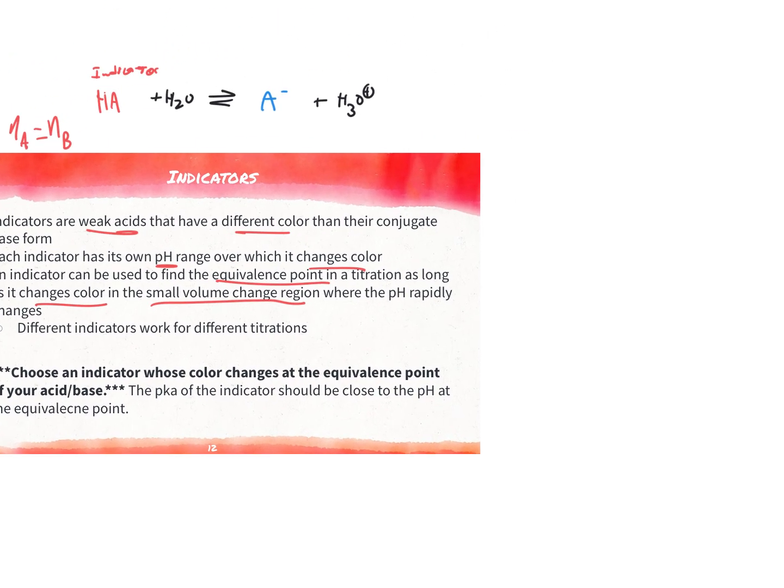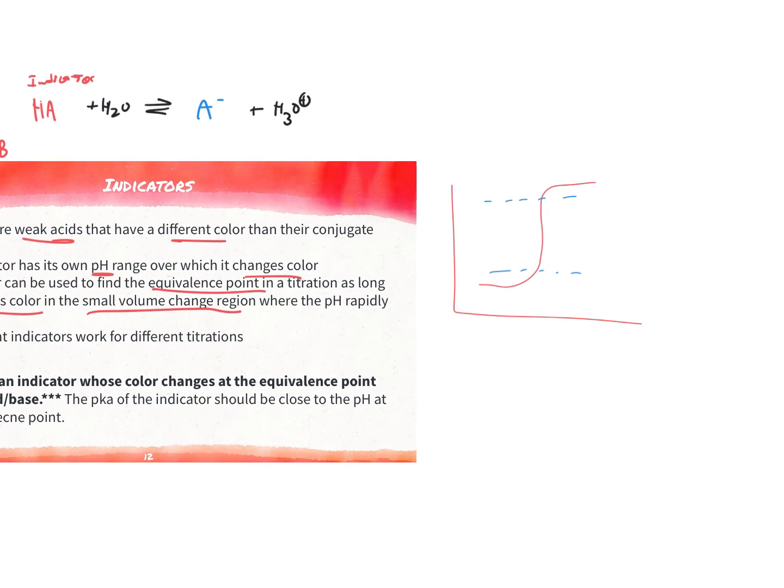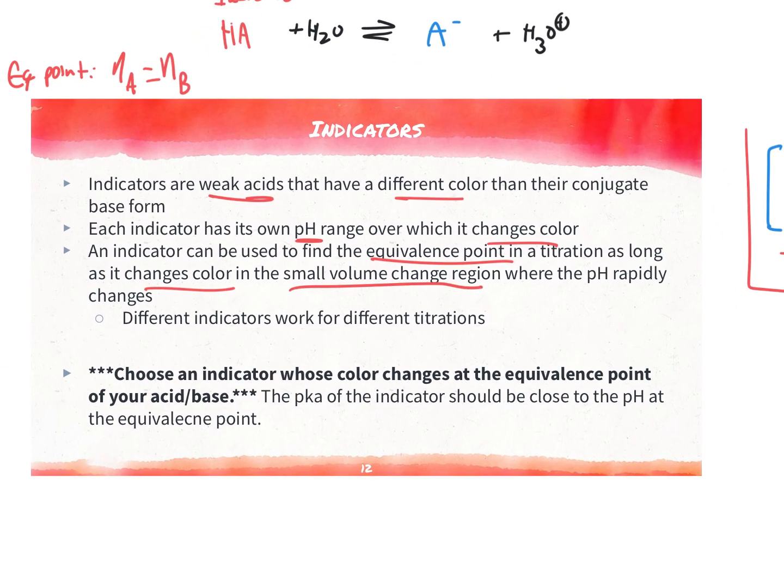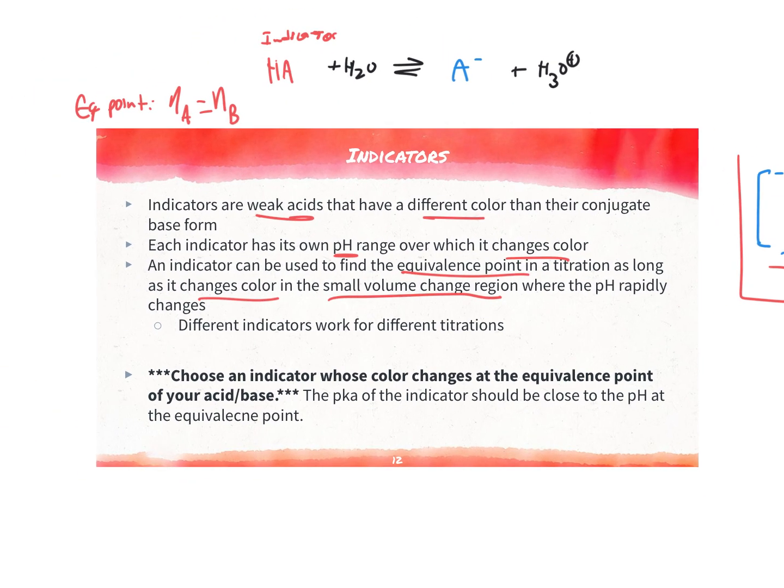That is a confusing way to say, if I have a titration curve, your indicator should change color here, essentially in the range of the big jump. That's where your indicators change color. That's essentially what that sentence is trying to say, but in a kind of confusing way. And so in bold here, choose an indicator whose color changes at the equivalence point of your acid and base.